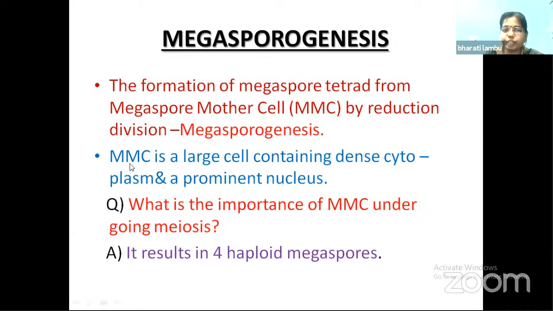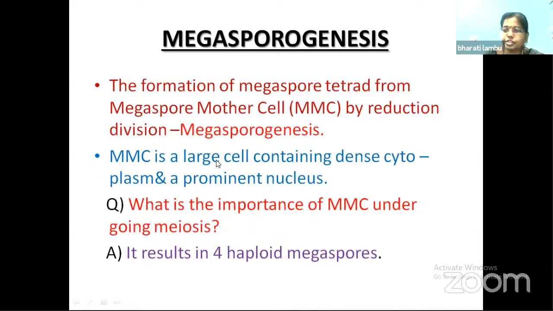The nature of the megaspore mother cell is that it is a large cell containing dense cytoplasm and a prominent nucleus. It has a lot of cytoplasm with granules and a prominent nucleus because now it has to form the megaspores. The megaspore mother cell is formed from a single cell in the nucellus.